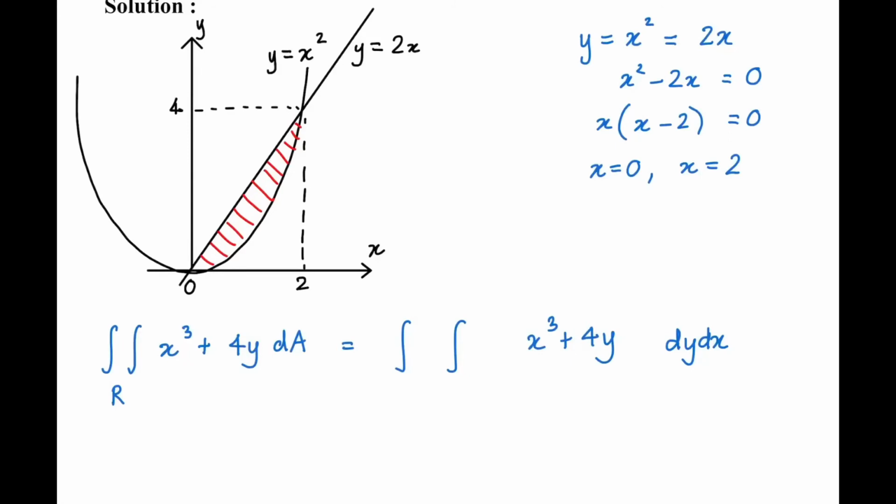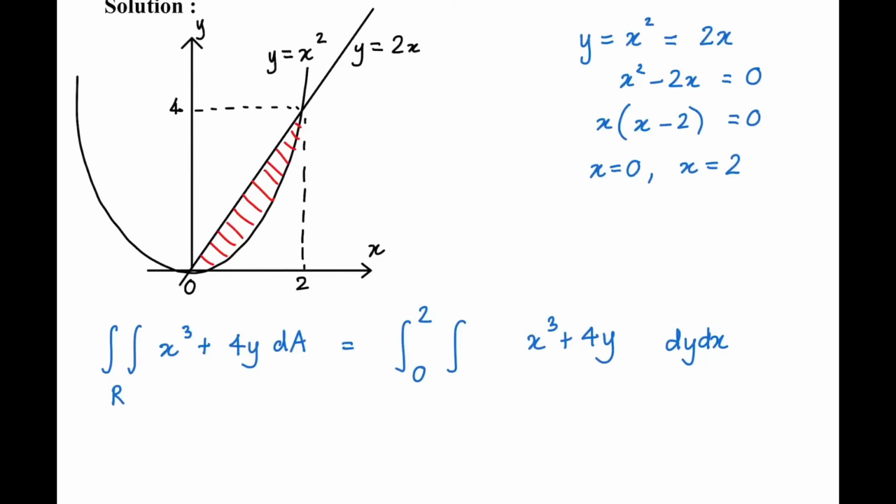We always start with finding the outermost limit. So what is the outermost limit? That will be the limits of x. Look at the figure there, the graph. On the x-axis, the region R starts from 0 going up until 2. So that will be your outer limit, from 0 up until 2.